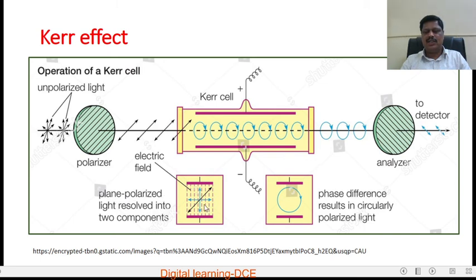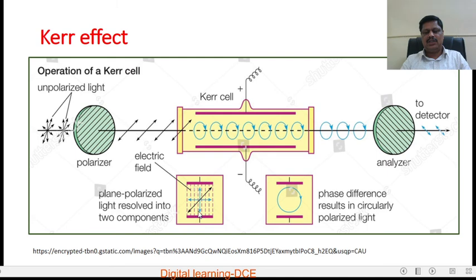This plane polarized light is resolved into two components along two directions because there is inducement of double refraction. Double refraction means there are two rays. One ray has vibrations along the y direction and the other has vibrations along the x direction, but the resultant is along the z direction.